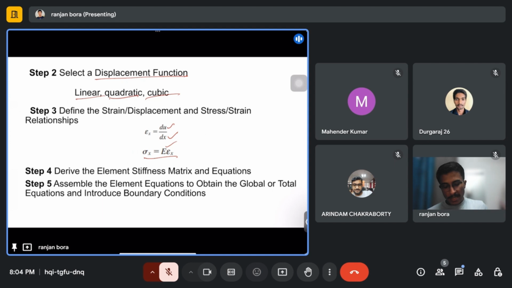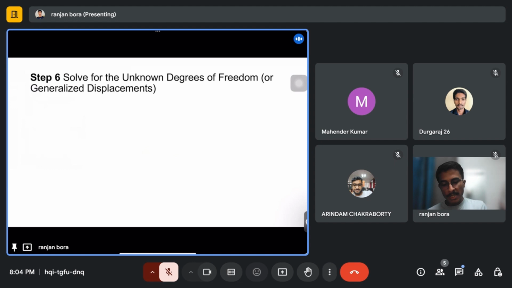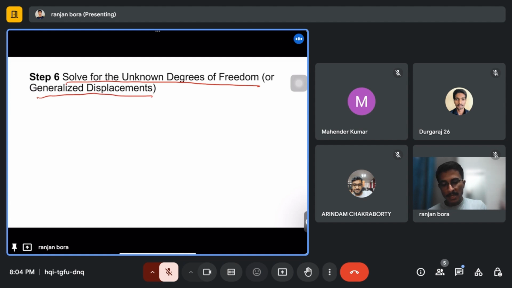Next, we assemble the element equations to obtain the global or total equations, and we substitute the boundary conditions. This is the global equation. This is the global force vector, global stiffness matrix, and global displacement vector. Then after substituting the boundary conditions, we solve for the unknown degrees of freedom or the unknown displacements.